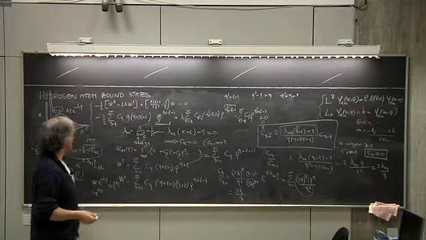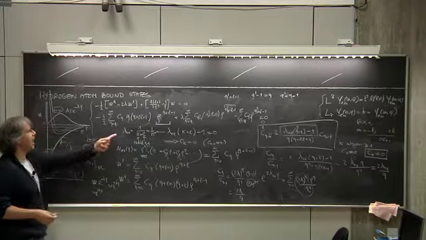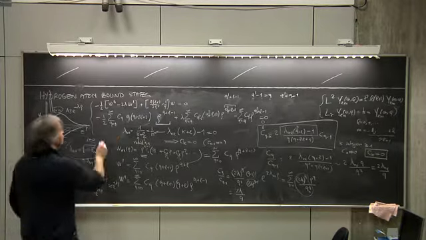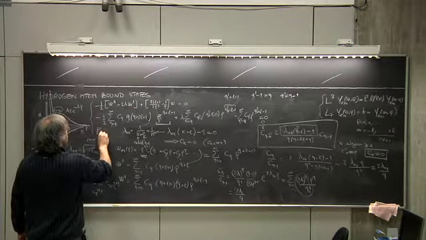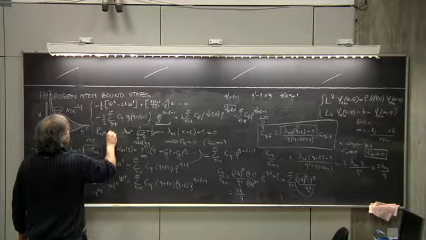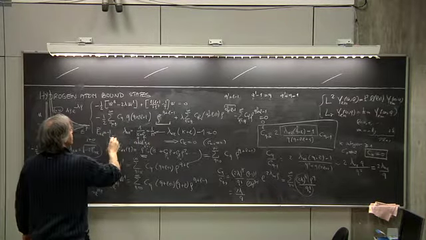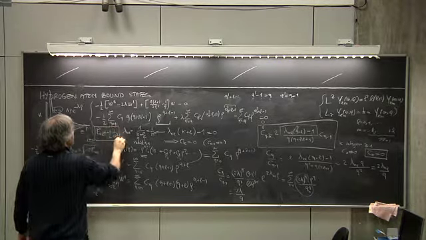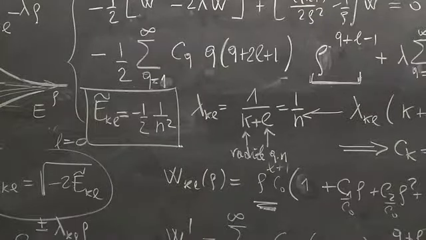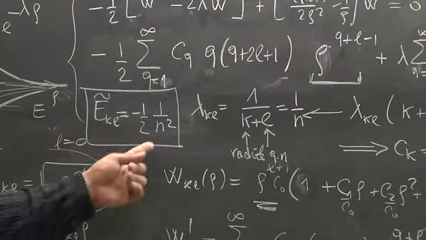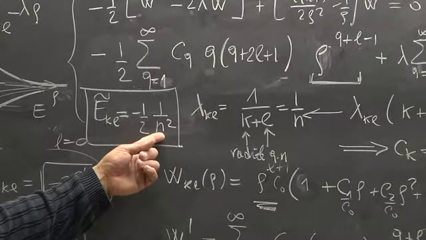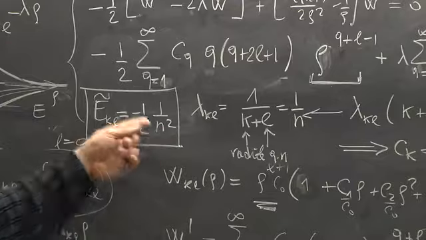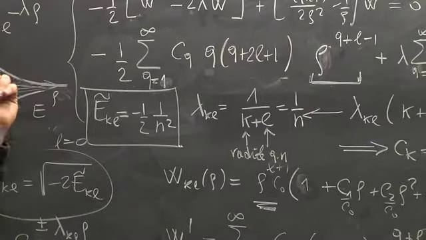Why do I say the energy? Because you know that lambda is tied to the energy. So my energy should be equal to minus 1/2 the square of this. Okay? So 1 over n squared. This is the famous series of levels, okay, starting from n equal 1, which is what we already found. Remember our simple solution, okay?